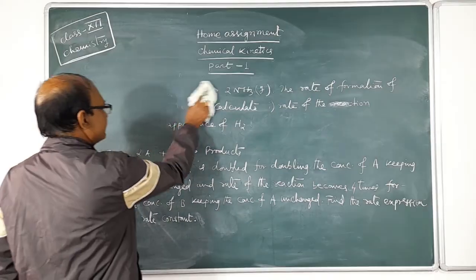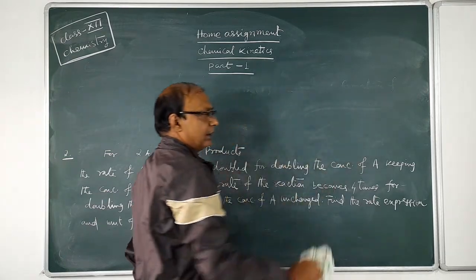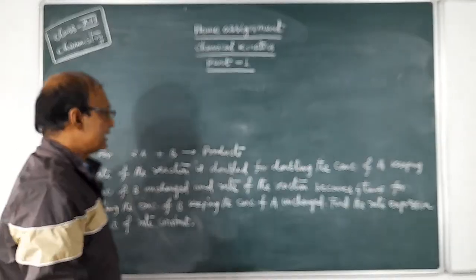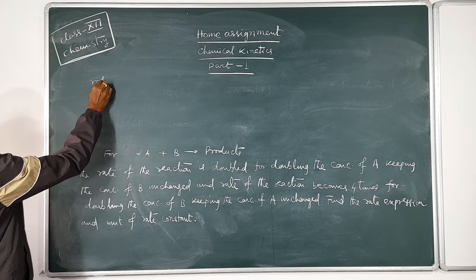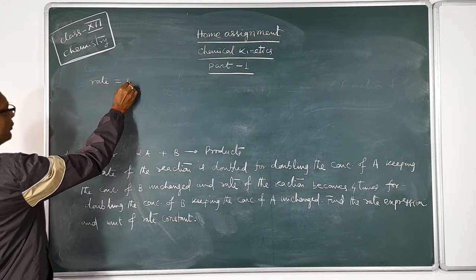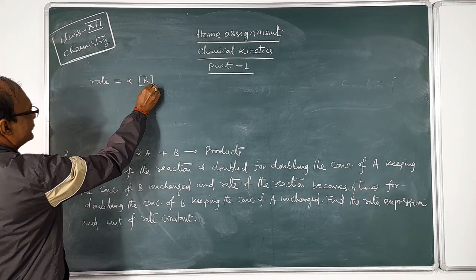The third question is related to the kinetics of the reaction. You know that for a zero order reaction, the rate is written as rate equals K into the concentration of the reactant to the power 0.